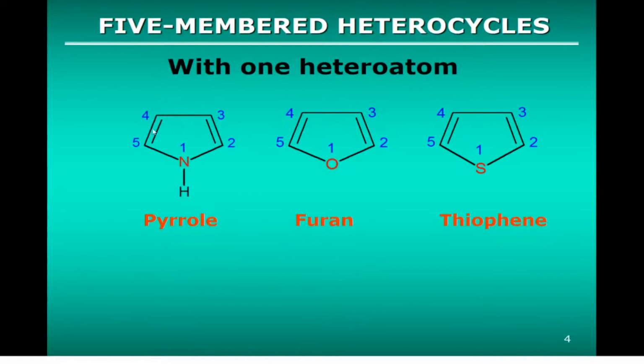In conjugation takes part the heteroatom with a lone pair: nitrogen, single bonded, a lone pair donor, oxygen, sulfur as well. So for 4n plus 2, as a result of p pi conjugation, the number of electrons in this delocalized pi bond will be equal to 6, as nitrogen, oxygen, and sulfur are lone pair donors in this case. So n is 1.